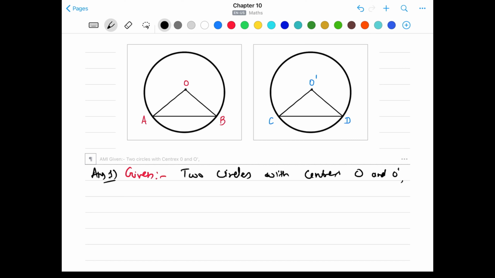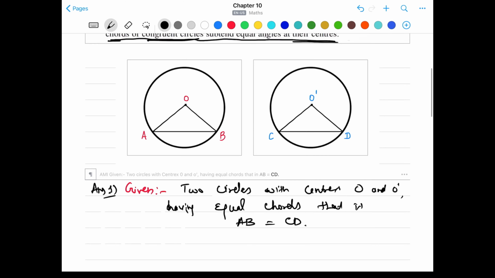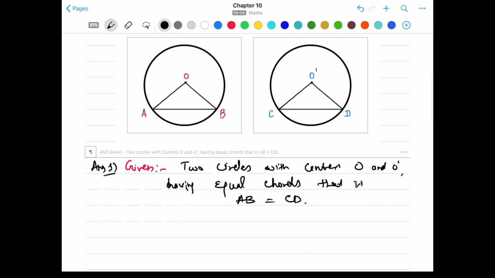They have equal chords, that is AB is given equal to CD.